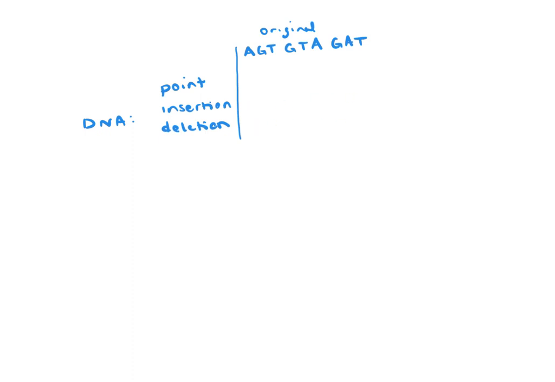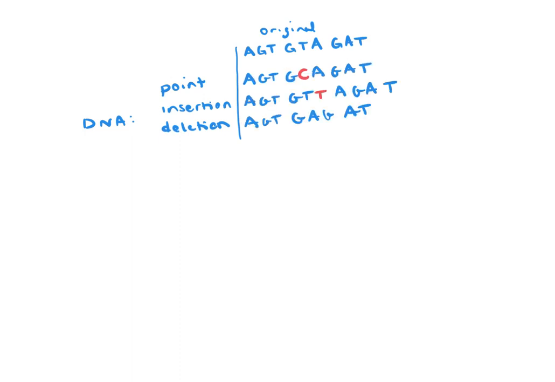These are the examples from the figure in the textbook, where we have a point mutation, a base substitution of T to C, which is a type of transition mutation. Here this T has been inserted, and here the original T was deleted.